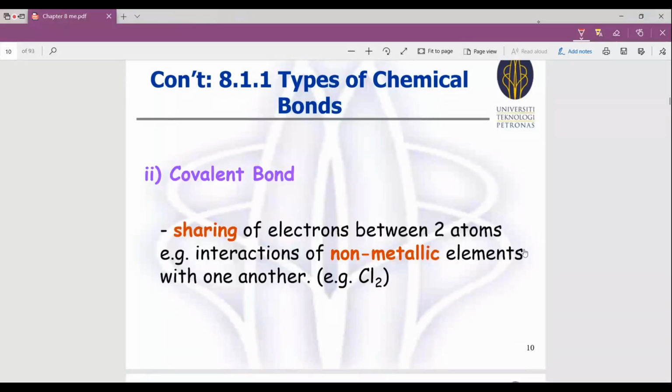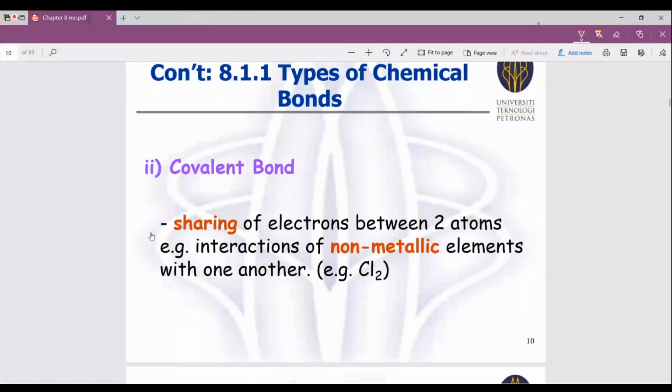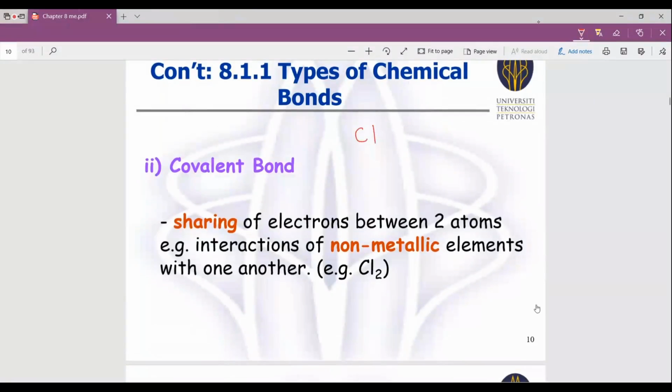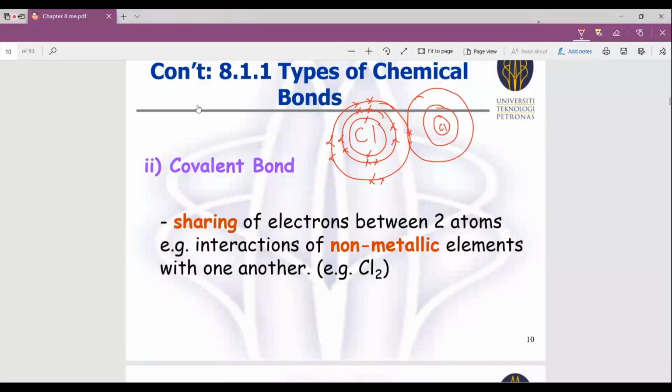Ionic bonds are stronger. For example, Cl2: Cl has 1, 2, 3 shells and 7 valence electrons. It shares an electron with another Cl, sharing 1 electron.